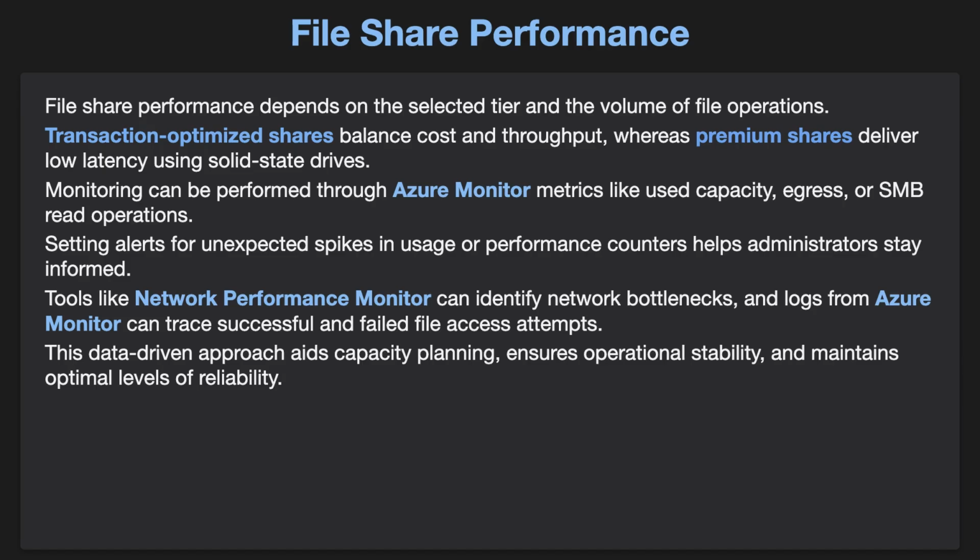Setting alerts for unexpected spikes in usage or performance counters helps administrators stay informed. Tools like Network Performance Monitor can identify network bottlenecks, and logs from Azure Monitor can trace successful and failed file access attempts. This data-driven approach aids capacity planning, ensures operational stability, and maintains optimal levels of reliability.